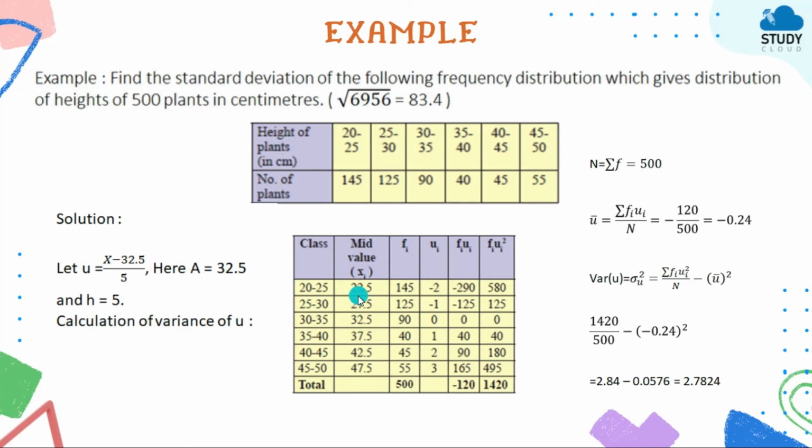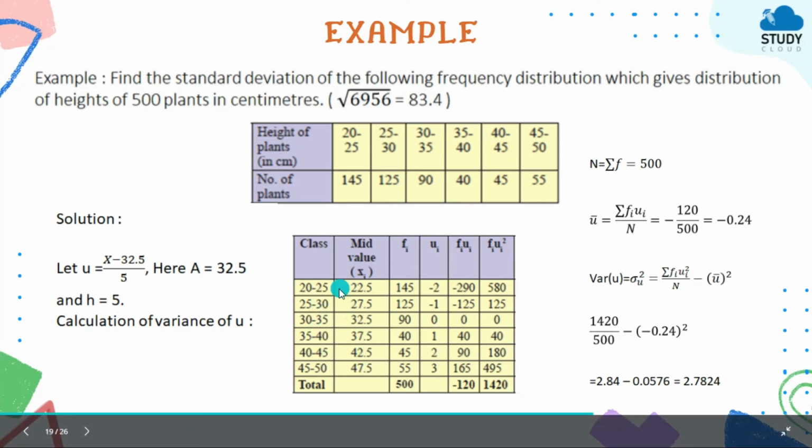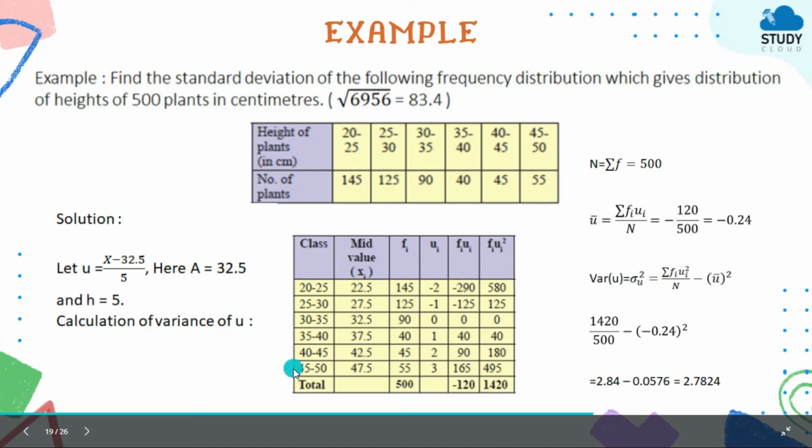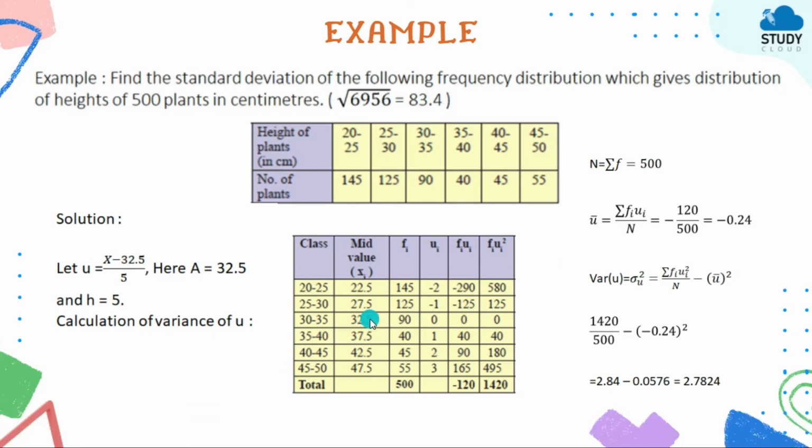If you see the mid values, the number of class intervals here is 1, 2, 3, 4, 5, 6. So 6 is the number of class intervals. So here the mid values in the middle are 32.5 and 37.5.